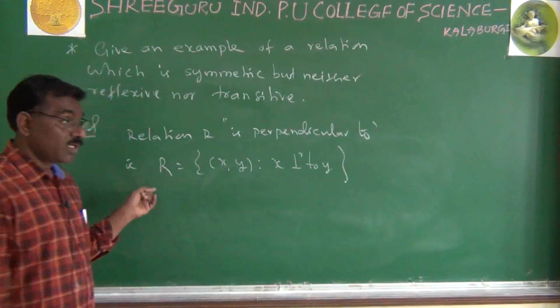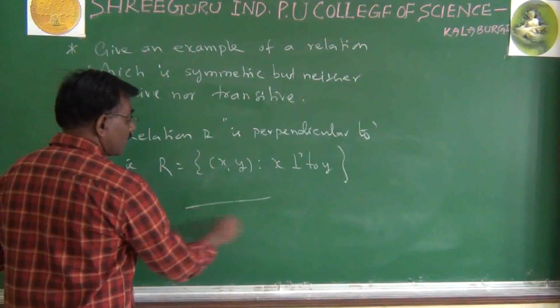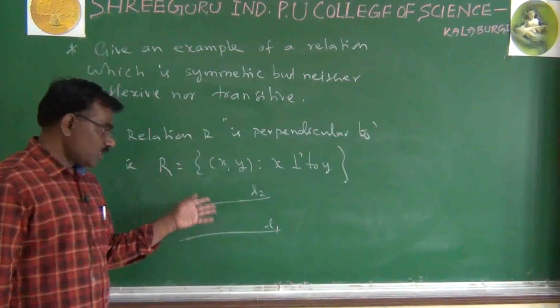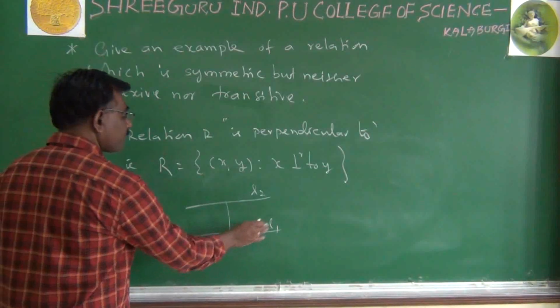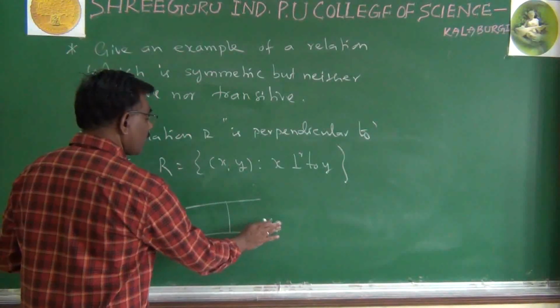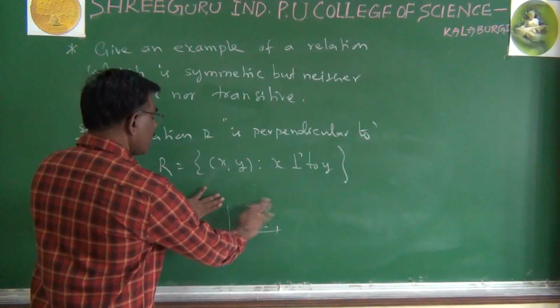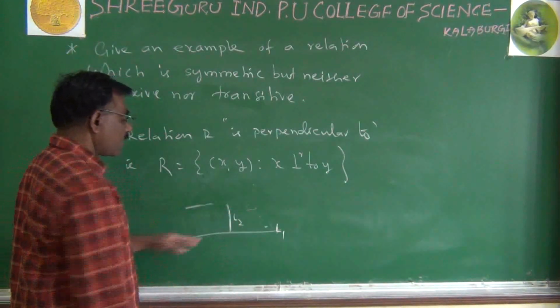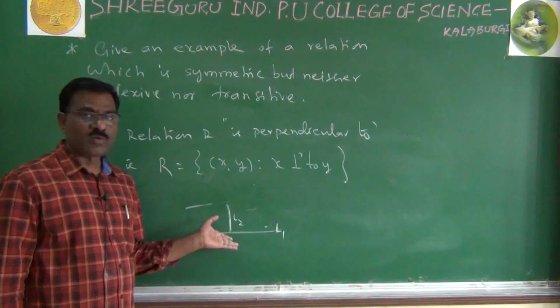But L1 is perpendicular to L2. This is L1 and this is L2. L1 is perpendicular to L2, and L2 is perpendicular to L1.